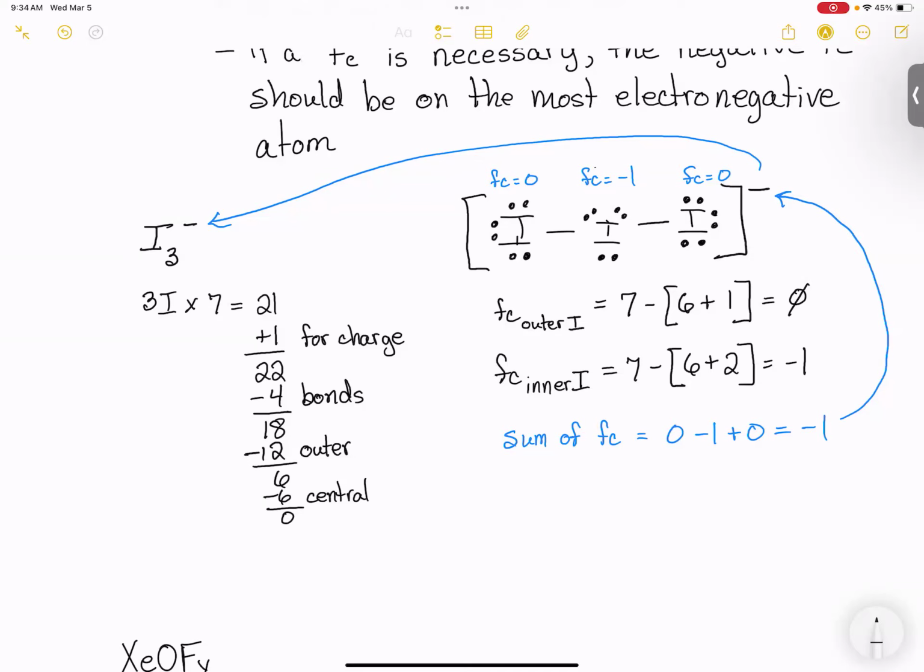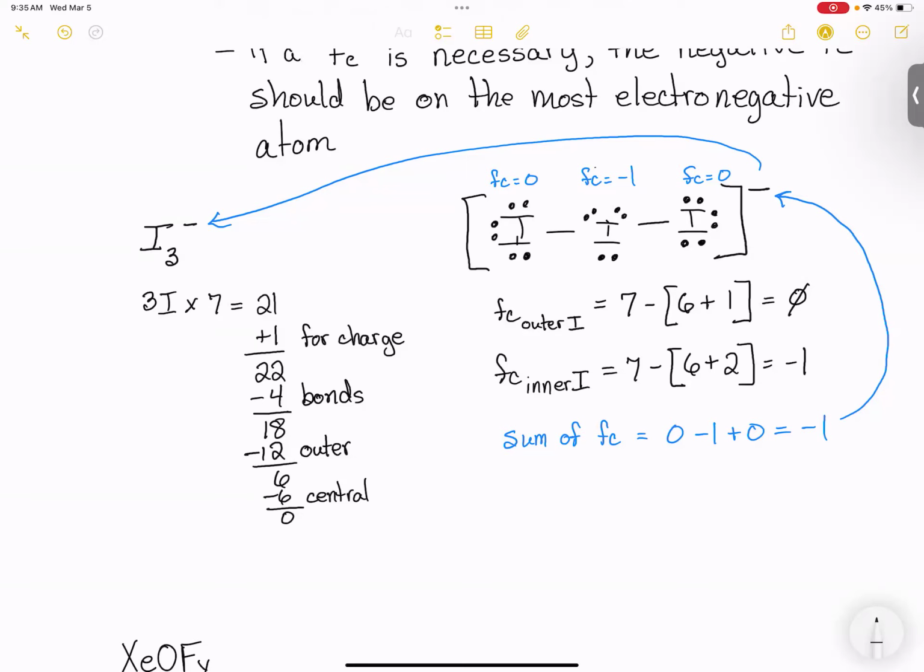So we had 7 valence electrons for the iodine. We subtracted out 1 for every dot. There were 6 dots on the outer iodines, and 1 for every bond. There was 1 bond attached to the outer iodine. When you do that math, it comes out equal to 0, which means that our external atoms had a formal charge of 0.